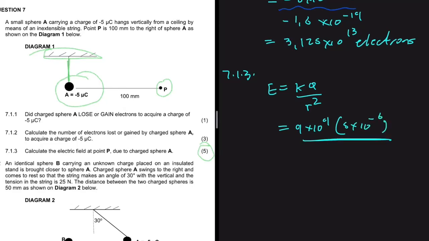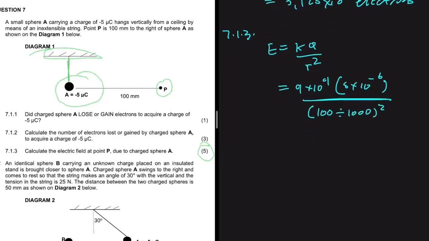The distance is 100 millimeters, and to convert it to meters we divide by 1000. So we have 100 divided by 1000, squared. If you punch that in your calculator, you get 4.5 times 10 to the 6 newtons per coulomb. And just like that, you've earned yourself 5 marks, right?